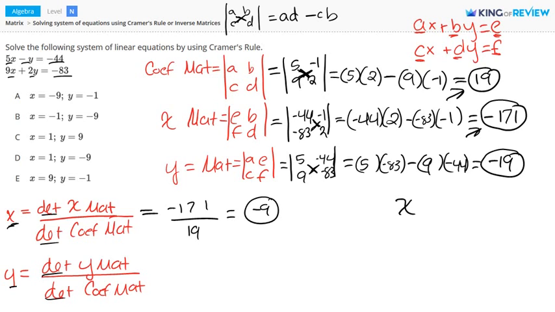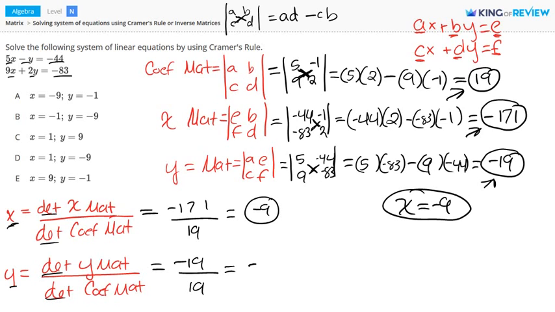So we know that x is equal to -9. And now for y, we have the determinant of the y matrix. We solved for that here. That's negative 19, divided by the determinant of the coefficient matrix, which is 19, and this equals negative 1. So we know that y is equal to negative 1.